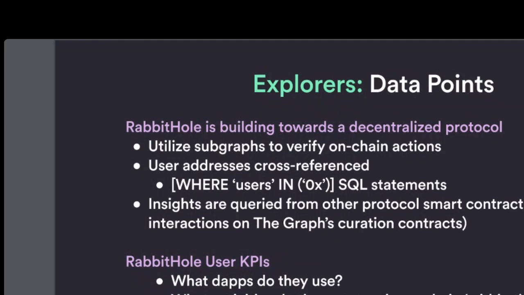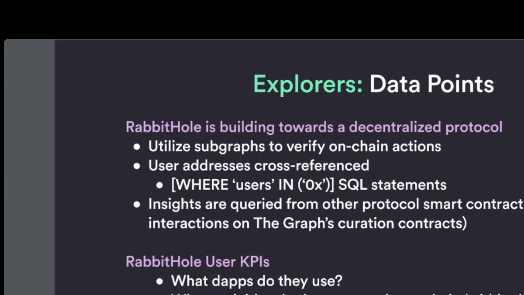A couple of nuances I would say is that Rabbithole is not a protocol yet. So we have a lot of manual processes that are still running our platform. We are eventually becoming decentralized, but we don't actually have smart contracts that are queryable right now. So we utilize subgraphs to verify these on-chain actions, but they're subgraphs from other teams.